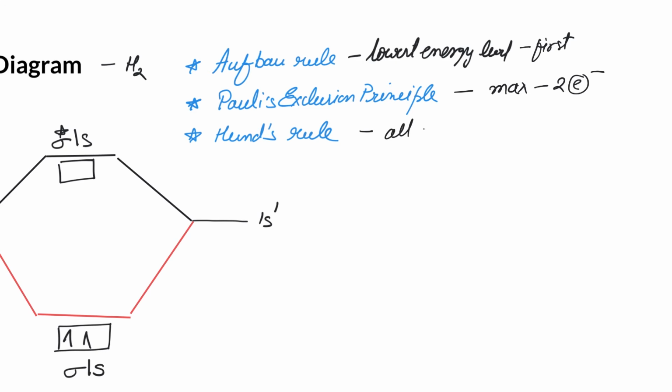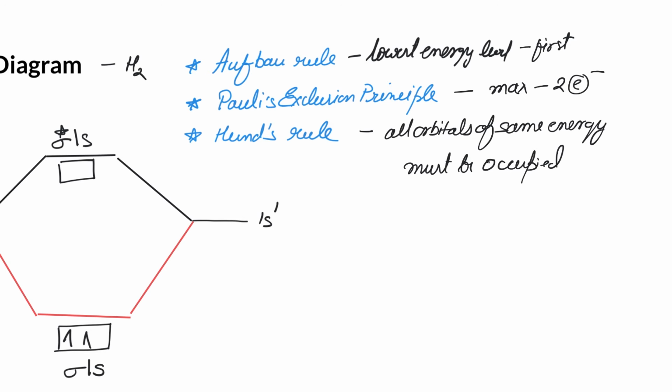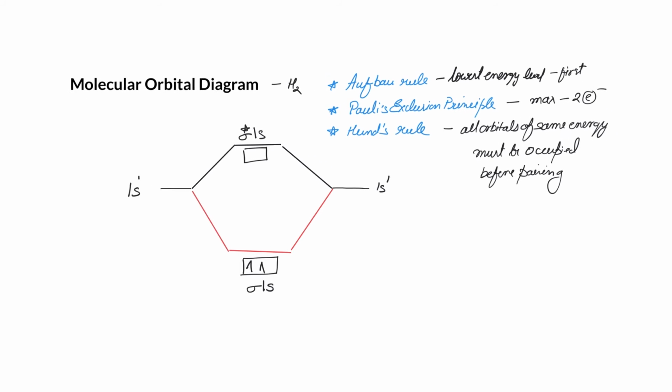First, all orbitals of the same energy must be occupied before, right, before you can enable the pairing, right? So these are the three rules which you must keep in mind before you draw electrons here.